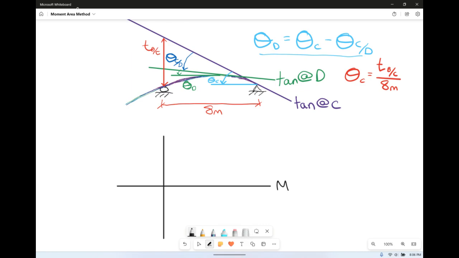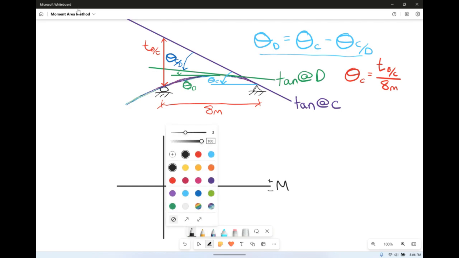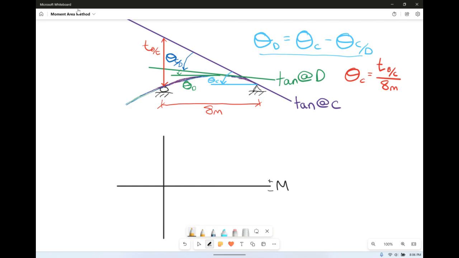So this is our moment diagram, positive, negative. What we need to find, we don't actually need BY. What we do need is CY. And don't forget, over here, we had an 18 kilonewton force.